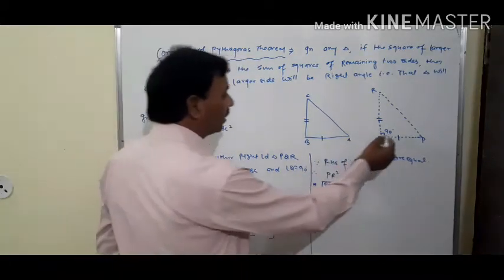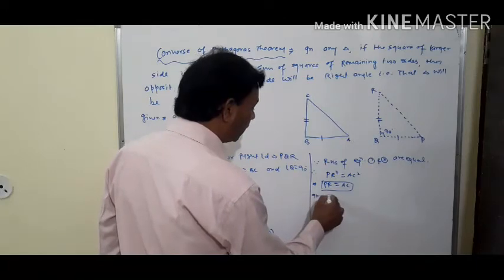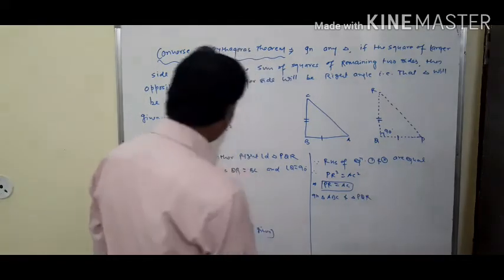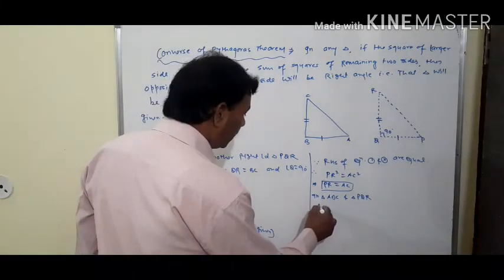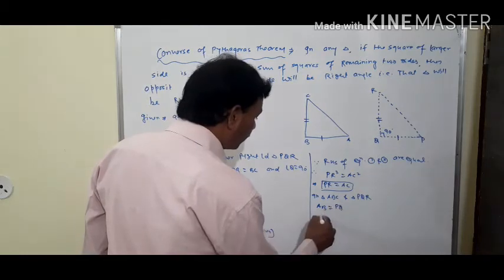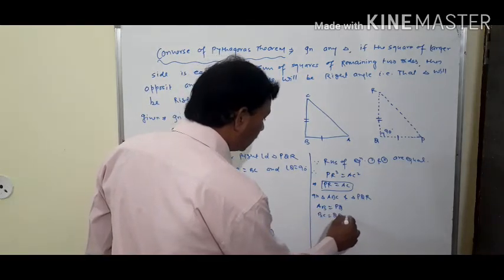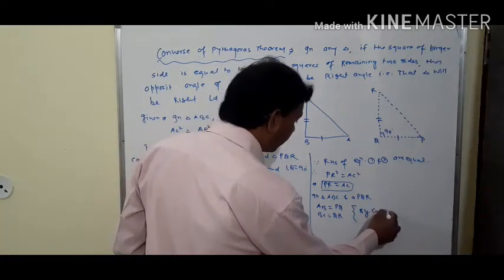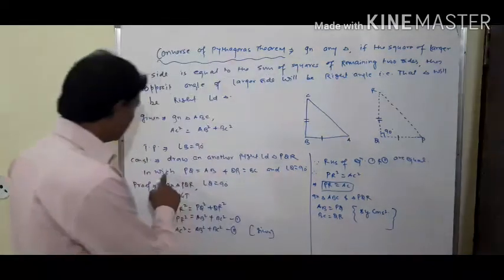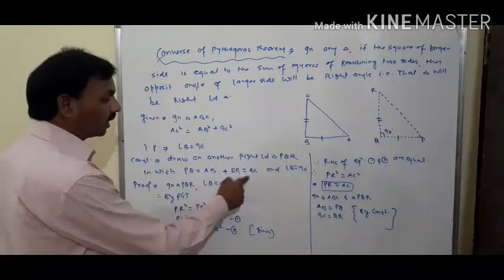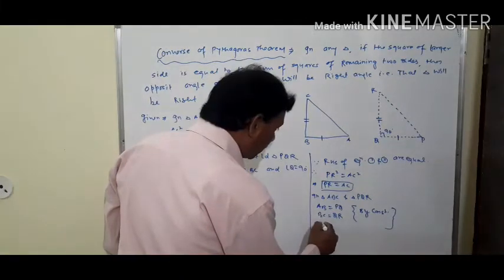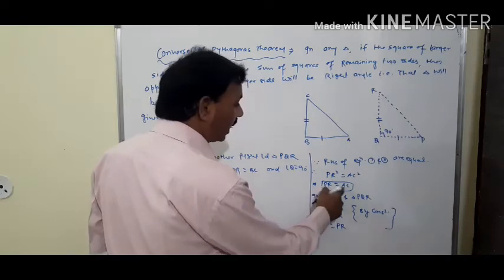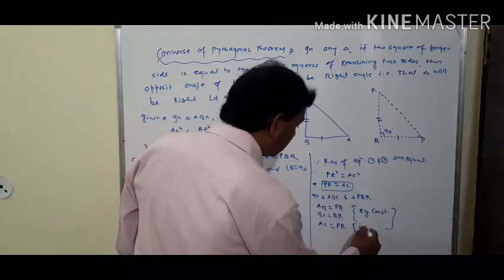Now we take both triangles. In triangle ABC and triangle PQR, we can see that AB equal to PQ and BC equal to QR by construction, and AC equal to PR, just proved above.